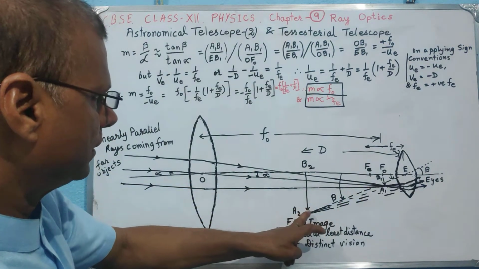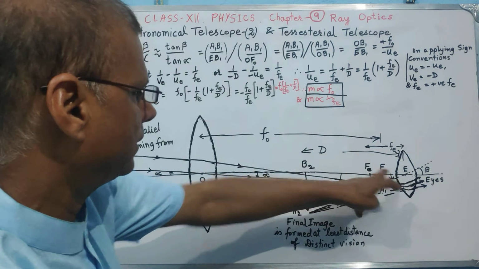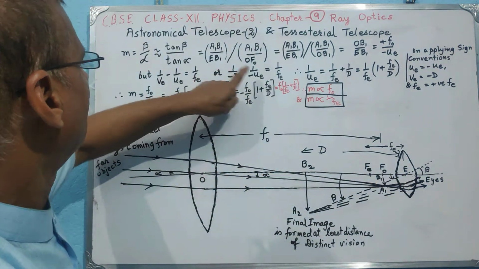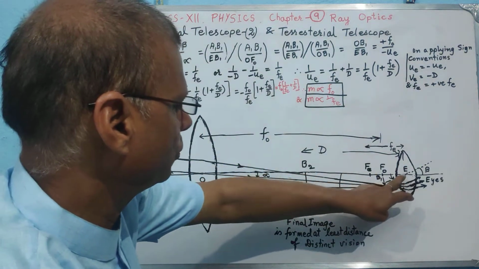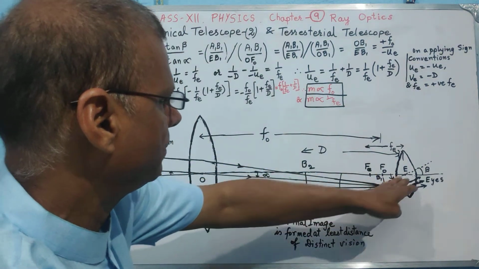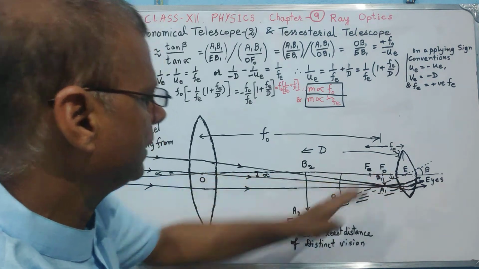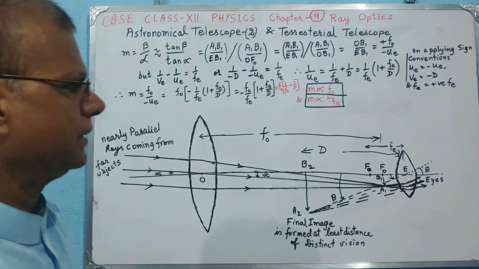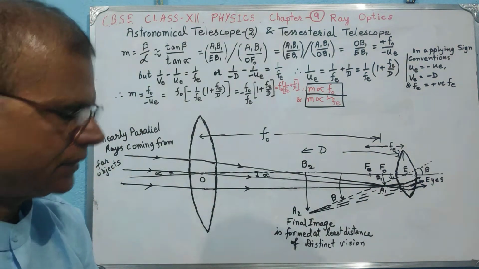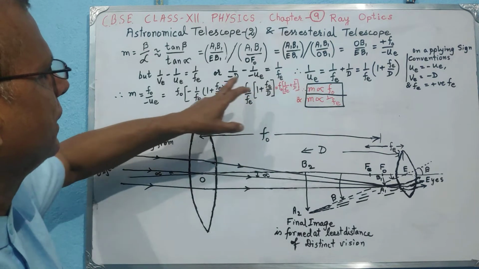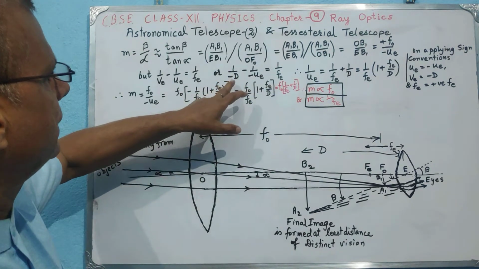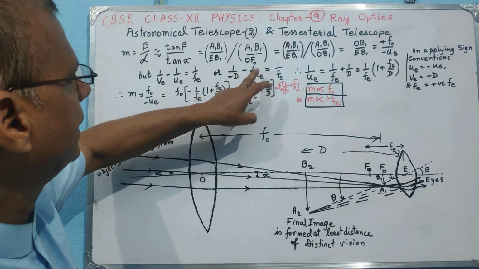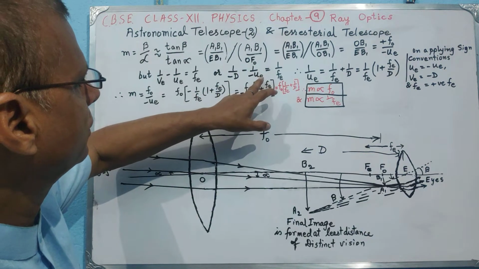The image is formed on this side, measured against the incident ray, so it is negative. UE is also on this side, measured against the incident ray, so it is taken as negative. And the focal length of the eyepiece, a convex lens, we take as positive. So it means 1 by minus D, and here minus and minus both cancel out, so it becomes 1 by FE finally.